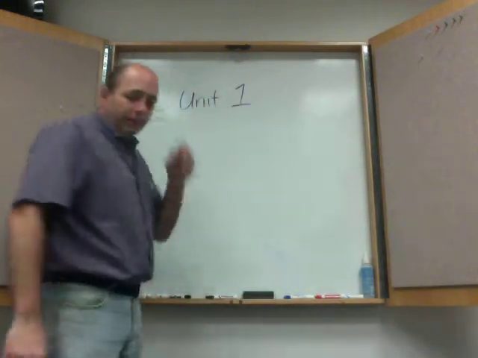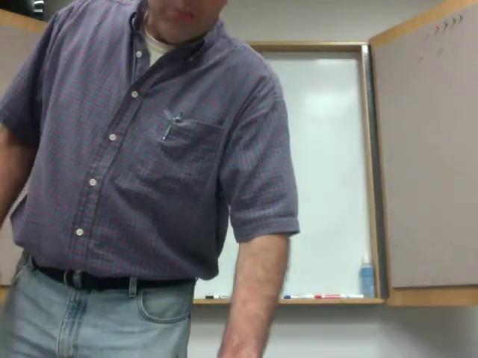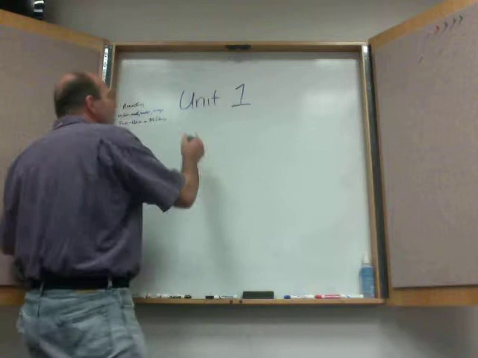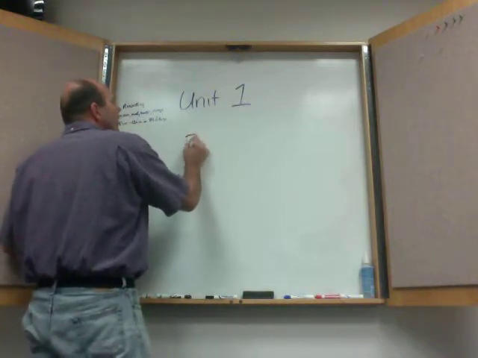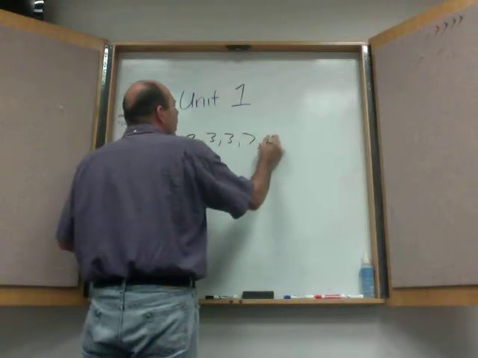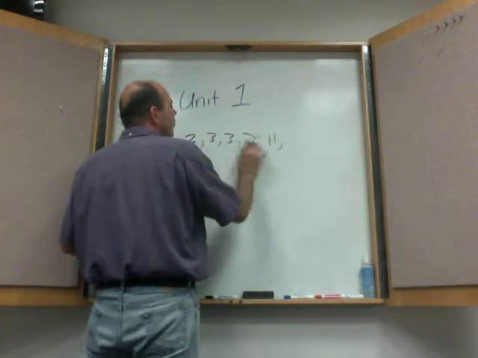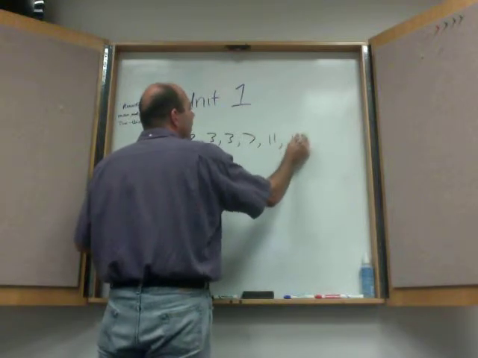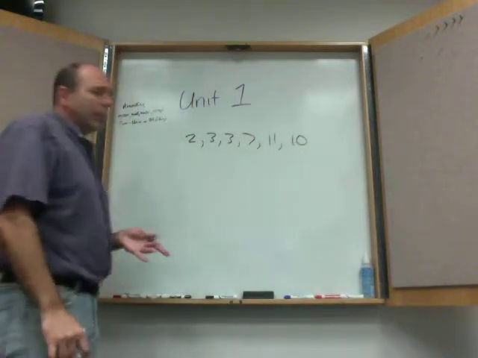And then everybody's favorite, finding mean, median, mode, and range. So let's look at a list of numbers. Let's say we have 2, 3, 3, 7, 11, 2, 4, 5, and let's go ahead and use a 10. It's out of order, but that's okay.